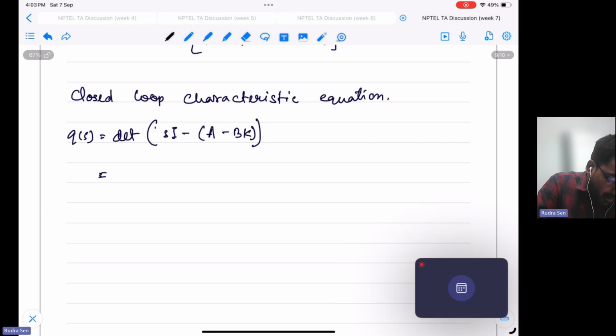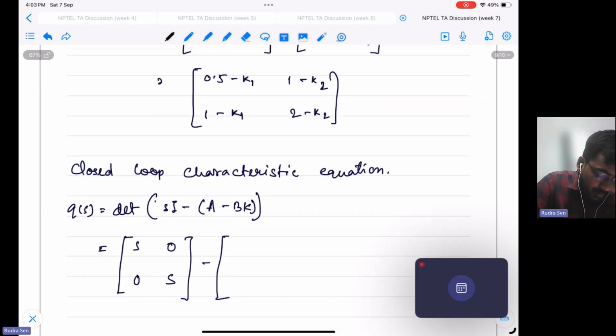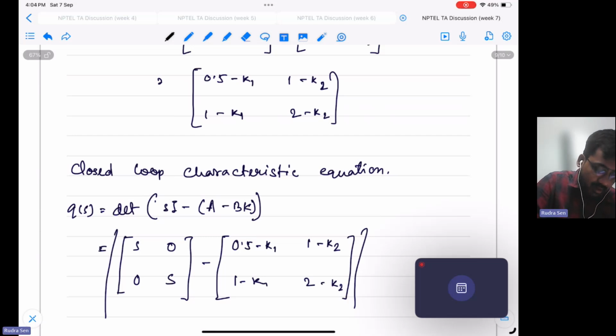What is sI? This is [s 0; 0 s], minus A minus BK, which is [0.5 minus K1, 1 minus K2; 1 minus K1, 2 minus K2]. And take the determinant of that.